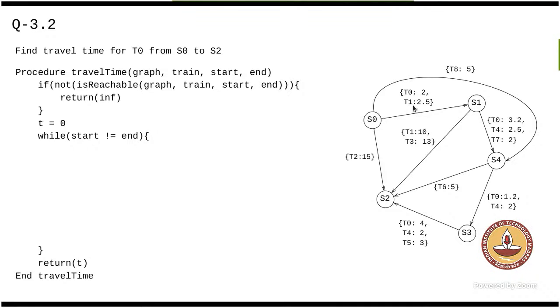See, maybe I should have mentioned this as a part of the problem. Say a Bangalore Delhi Express, assuming that there's a train connecting these two. On different days it can go to different places, but assume that here it is not the case. This is S0 is Delhi, this is Bangalore.